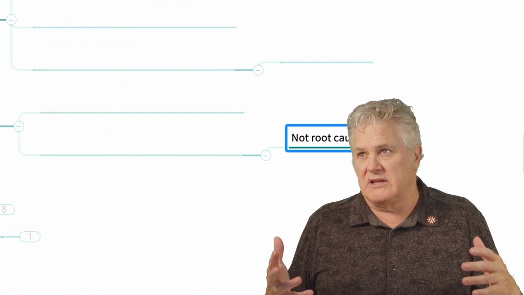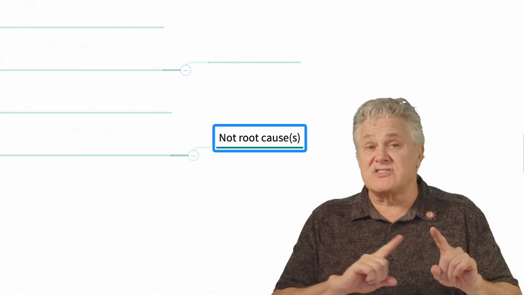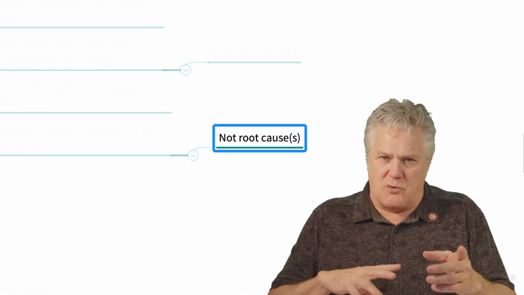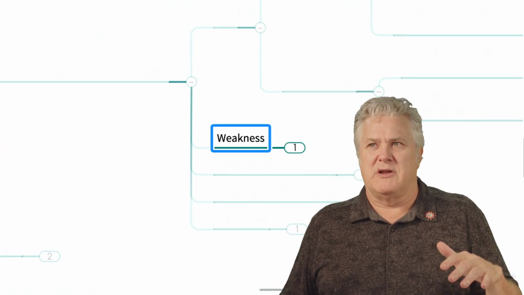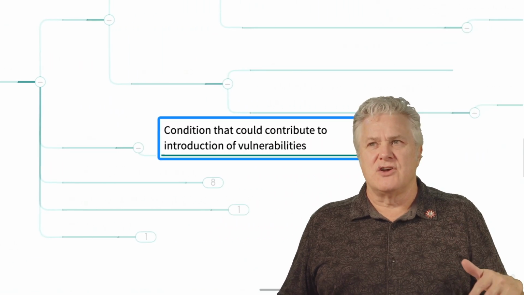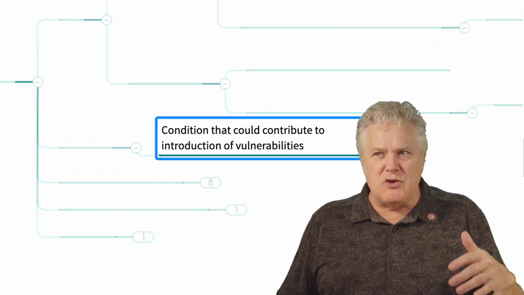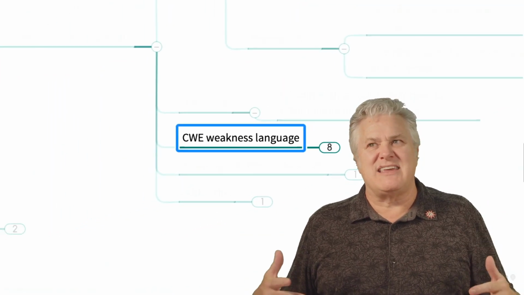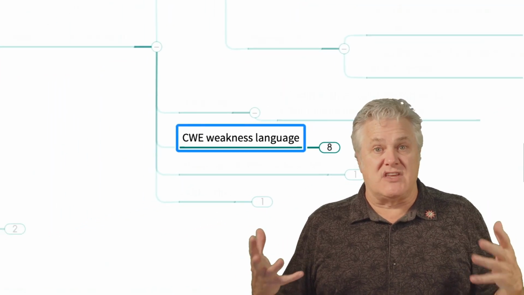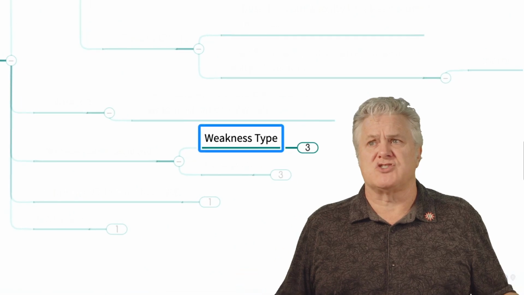Those will be important later on. Now, this does not talk about root causes at this point. We need to flip over and talk about weaknesses for a moment. Weaknesses are the conditions that could contribute to the introduction of vulnerabilities, and that's where the CWE weakness language kicks in.